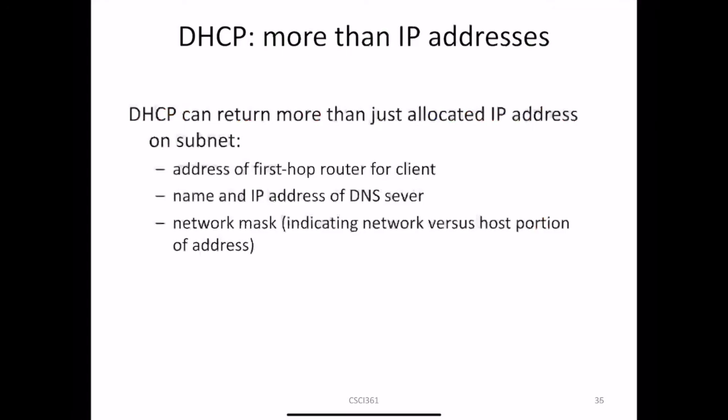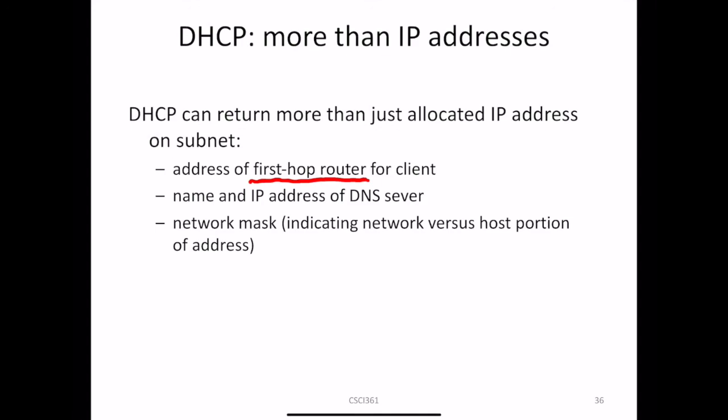And also, the DHCP server can not only provide an IP address to the end user or the newly arrived device or client. The DHCP server can also provide extra information, as we already mentioned in the previous slides. It can also provide the address of the first hop router for the client, which is actually the gateway router.